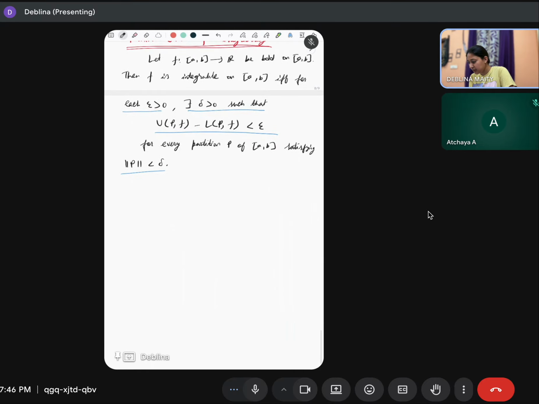Okay. Now we'll use these criteria to prove that a monotone function and a continuous function are Riemann integrable. So all monotone functions and continuous functions will be Riemann integrable. So the first is that f is a monotone function.